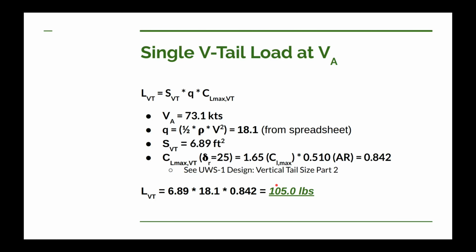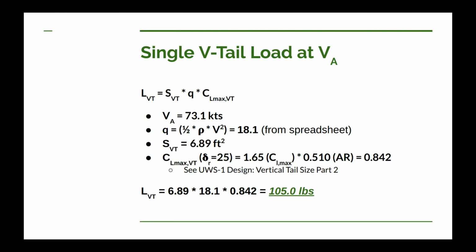And the FAA method is going to be conservative because it is a really rough approximation. It assumes that your tail volume is going to be within a certain range. It assumes that you have a conventional tail, which means you have your vertical tail in the middle of your horizontal tail and above it, with both the horizontal tail and vertical tail attached to the fuselage. That's the assumptions it's making.